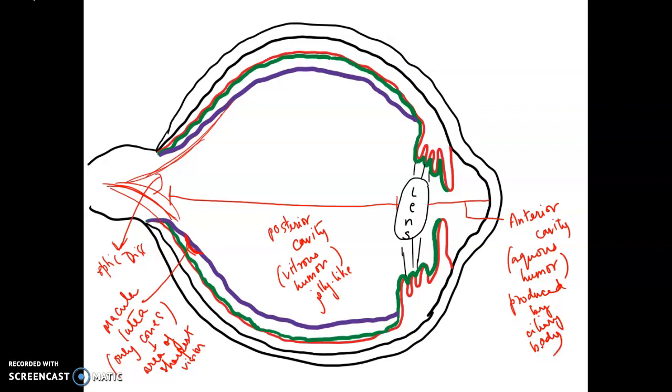Okay. Now we will focus on the anterior cavity. The anterior cavity, which is between the cornea and the lens, can be further subdivided into two chambers. From the cornea to the iris, this area is called the anterior chamber.